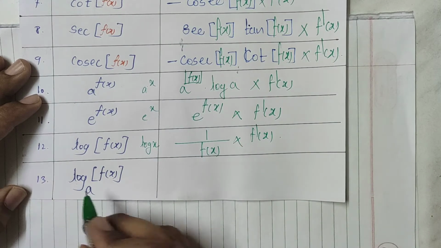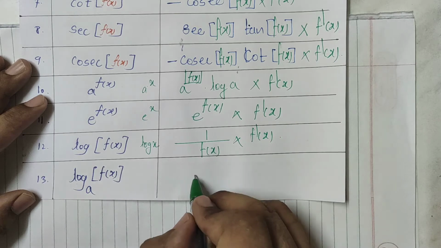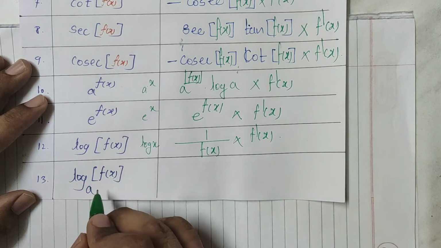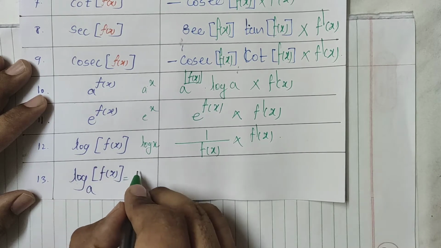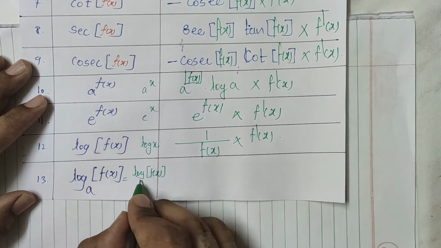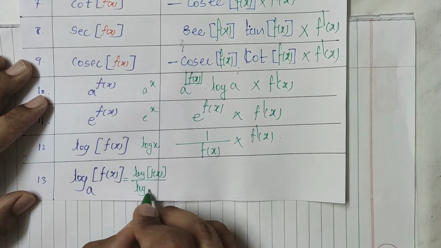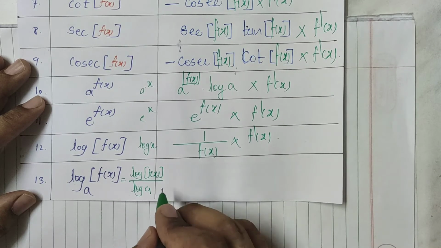Next example, log of f of x to the base a. Here a is the base, so it is log f of x divided by log a. Here log a is a constant, therefore log a stays as it is.